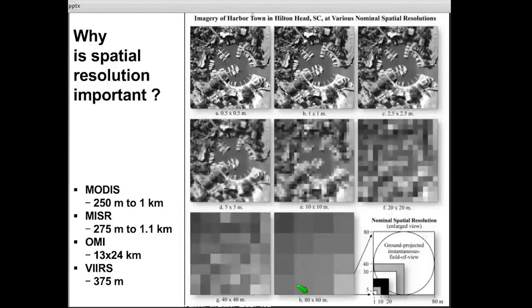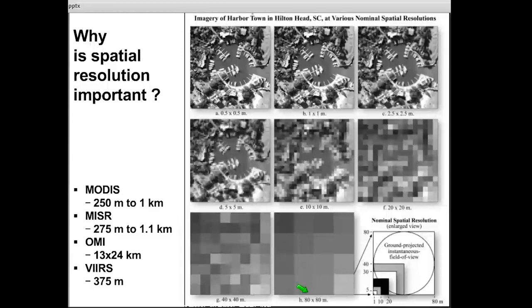So you can see at 5 meter resolution you can still see some features, but when you go to the 10 meter resolution things start getting very fuzzy, and it really depends on how much detail you want to get. So spatial resolution really plays an important role in identifying different features on the Earth's surface.